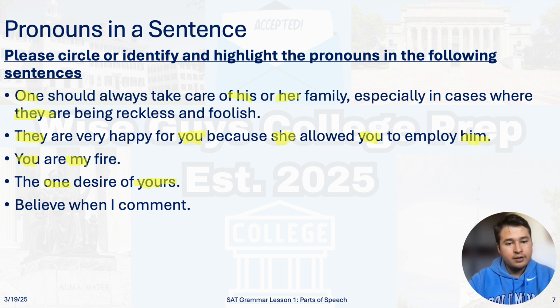Now believe when I comment. I is the pronoun in this sentence, okay? So if you wrote down those answers for the 5 sentences, you're in good shape for these 5 sentences at least, but we'll definitely have more practice in the future. I want to provide you with the best resources, but for now, let's just learn the basics, okay?